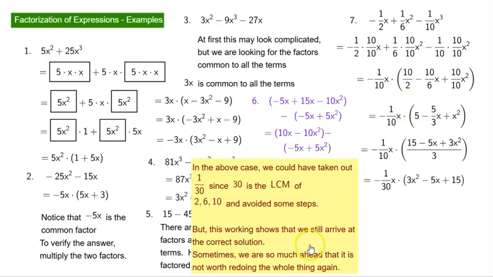But this working shows that we still arrive at the correct solution. Because sometimes, based on some thinking, we decide something and then we start off. And we are so much ahead that it is not worth redoing the whole thing just because we realize a simpler way of doing it is also possible.